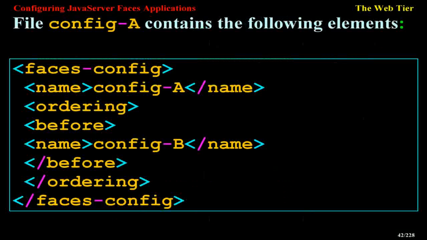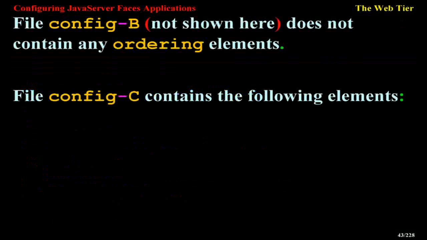File configA contains the following elements: <faces-config> <name>configA</name> <ordering> <before> <name>configB</name> </before> </ordering> </faces-config>. File configB, not shown here, does not contain any ordering elements.